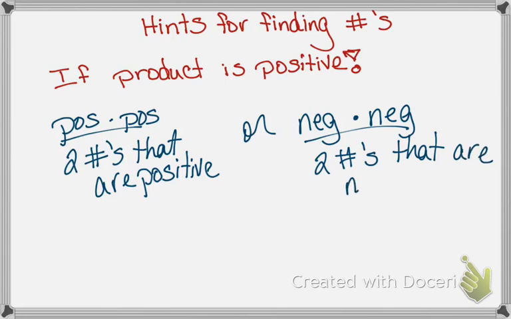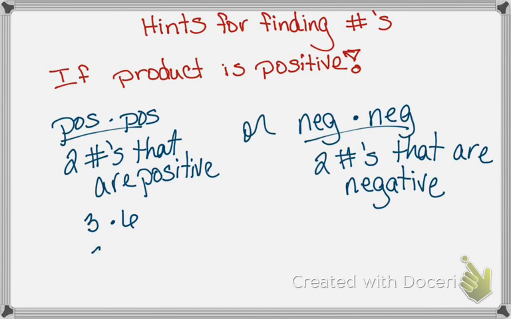There is no other way. Okay? Now, if I've got two numbers that are positive, so let's say 3 times 6. They're both positive, so I multiply those together, I get a positive number.